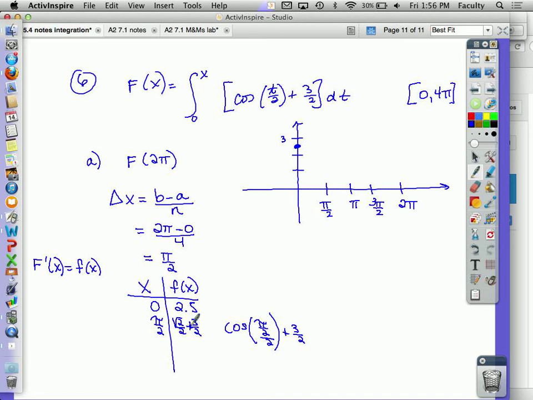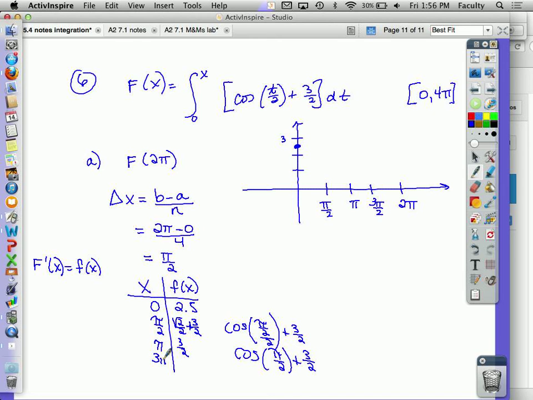This one, the answer is a decimal, and I know this part said no calculator, but I'm thinking we have to do a calculator here, because otherwise, I don't know how else we would do it. If I do pi, that's the cosine of pi over 2 plus 3 halves, which would be 3 halves, because cosine pi over 2 is 0.